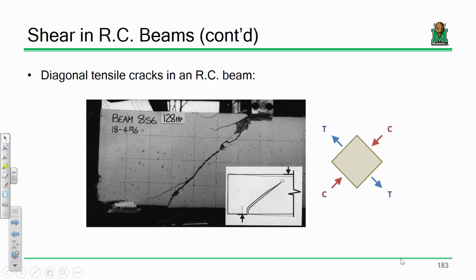Remember, tension-controlled, the beam fails, the rebar fails before the concrete does, right? Tension-controlled beams fail ductilely. In other words, they exhibit a lot of deformation before failure. There's a lot of warning. So in moment, usually in practical aspects, beams fail pretty ductilely. There's a lot of warning before failure.